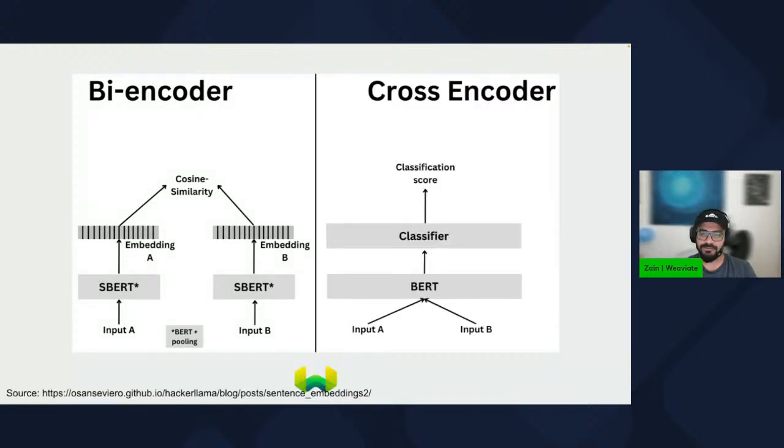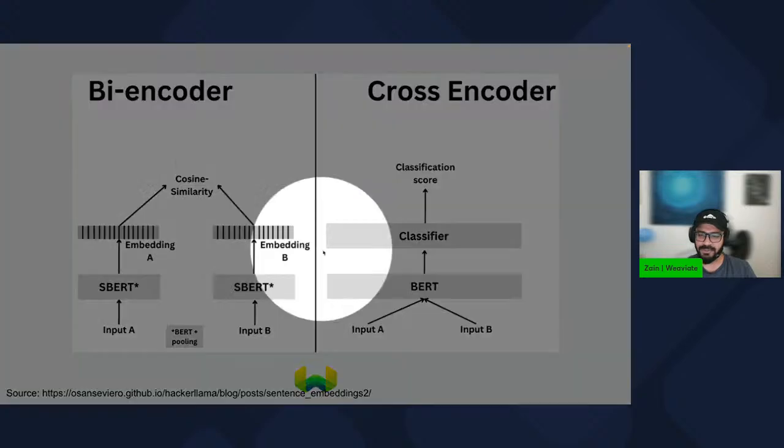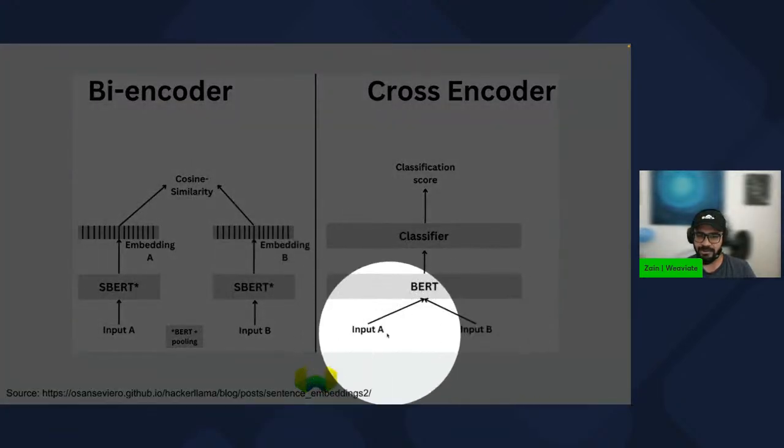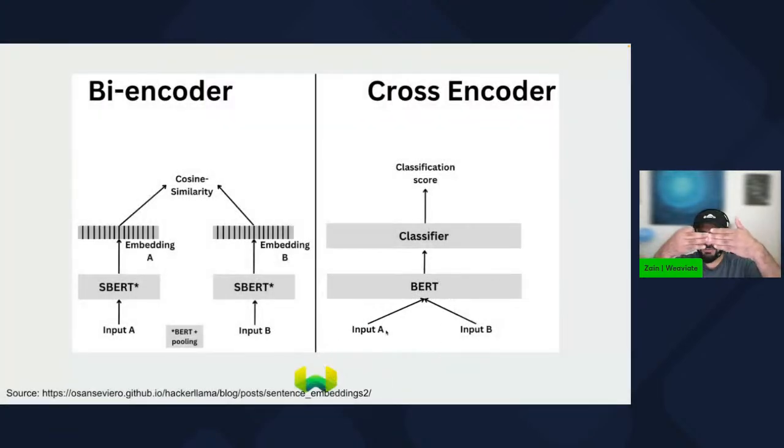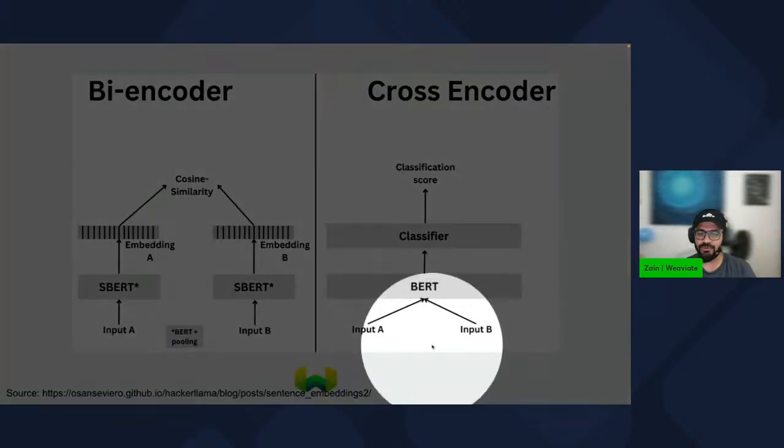With a re-ranker, this is more similar to what we do. We take one query and one document at a time. We concatenate them together. So you can say these are the sentences of the query, and these are the 20 sentences of the first document. You concatenate them together, and then you embed it.